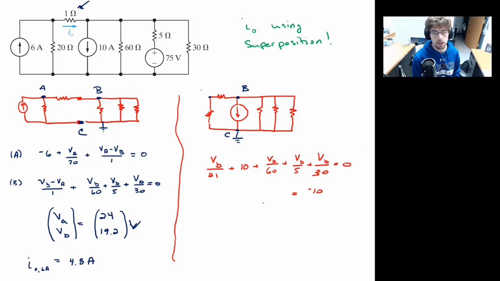I get something like VB times 25 over 84 equals negative 10. And so we have VB is equal to negative 840 over 25, which I'm sure can be simplified.